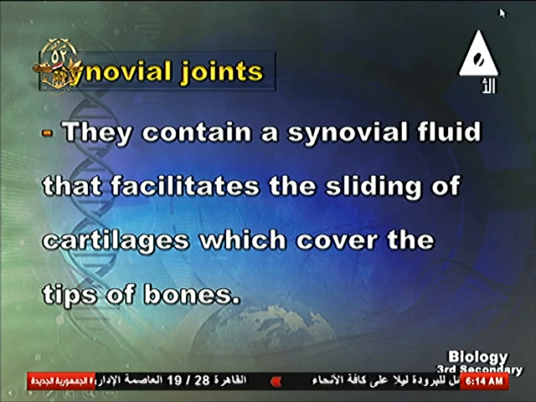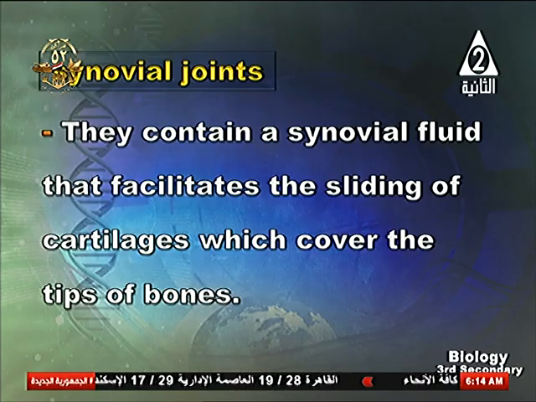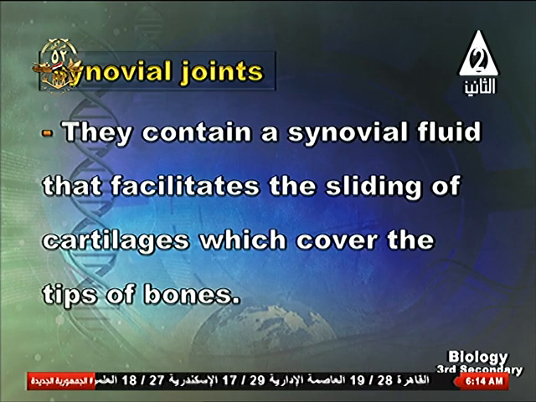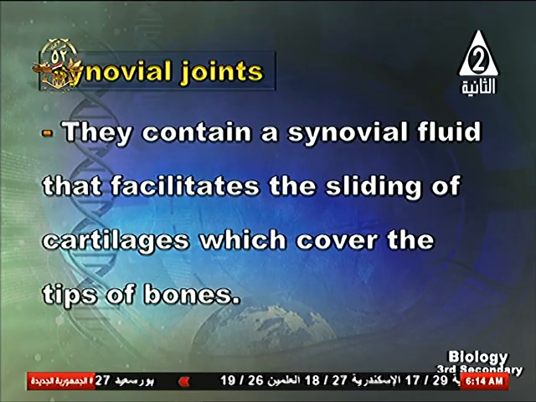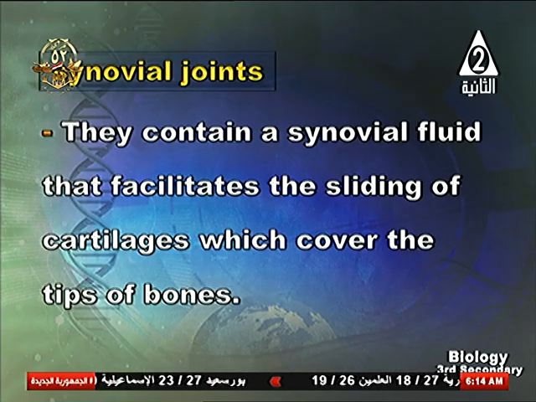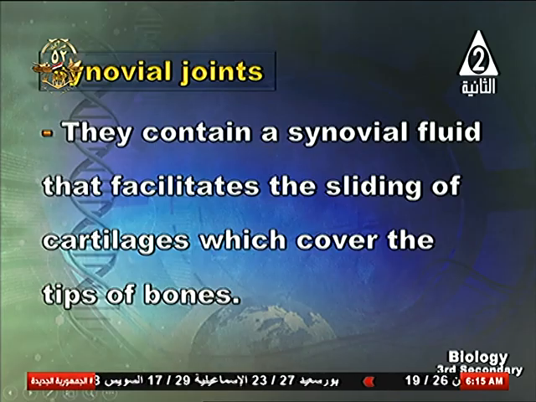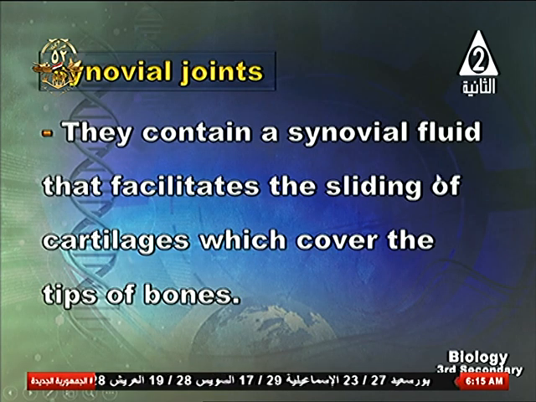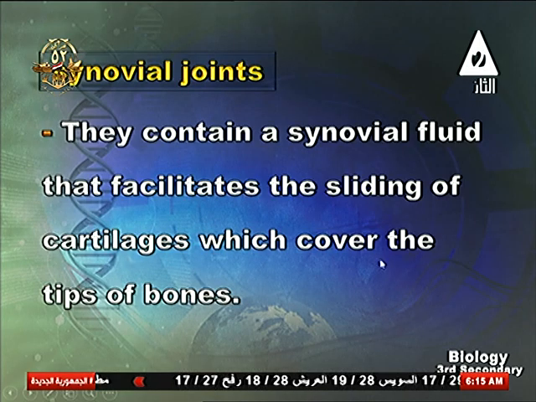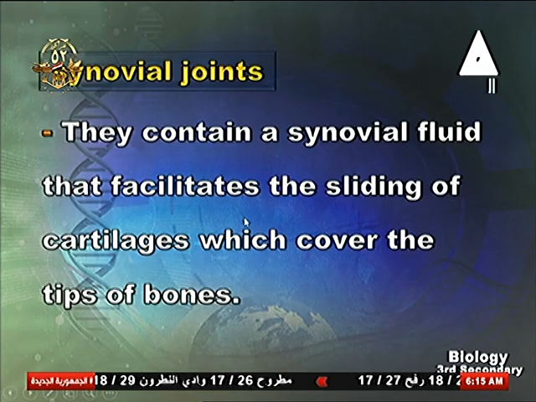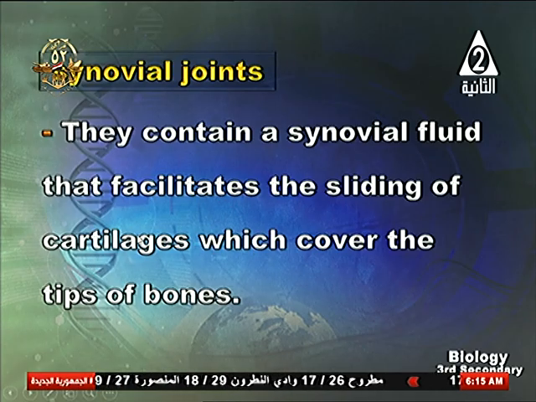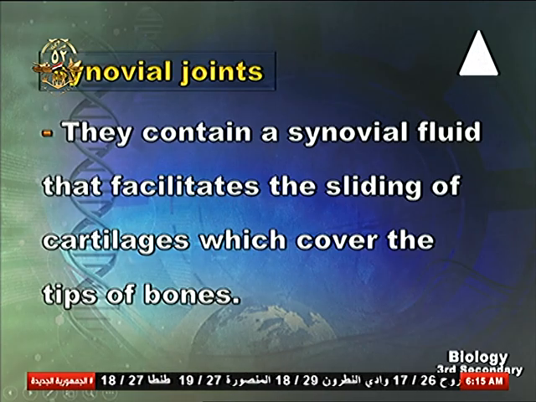Bones in synovial joints which meet another bone are covered by a delicate, transparent, smooth cartilaginous substance, as we see in the bones of the hand. Synovial joints contain synovial fluid that facilitates the sliding of the cartilage which covers the tips of bones. The cartilage covering the tips of bones also needs something to help it, which is synovial fluid, okay?